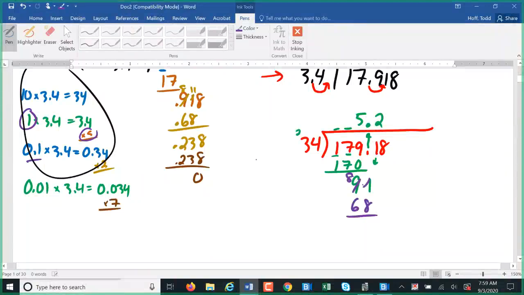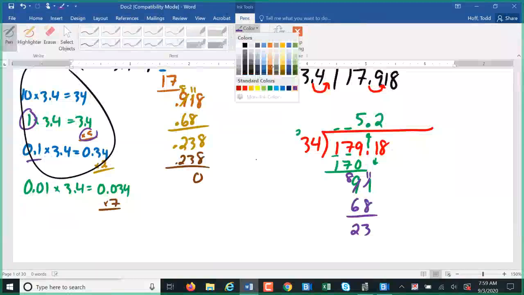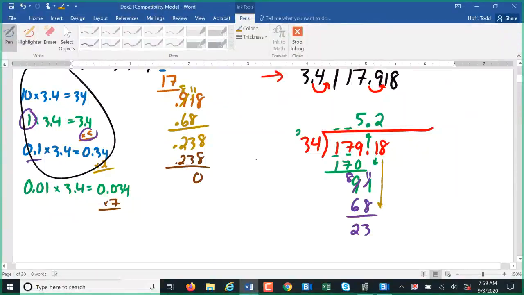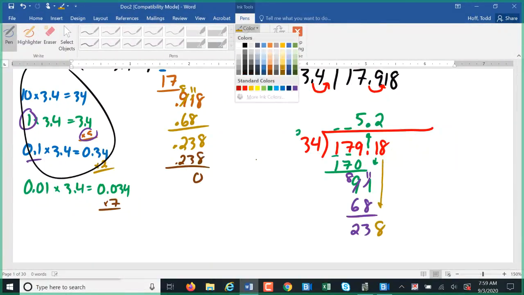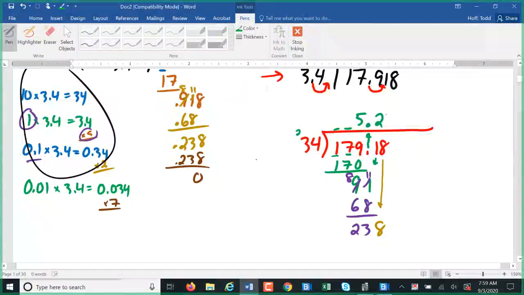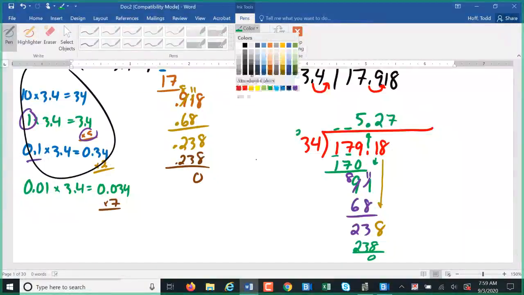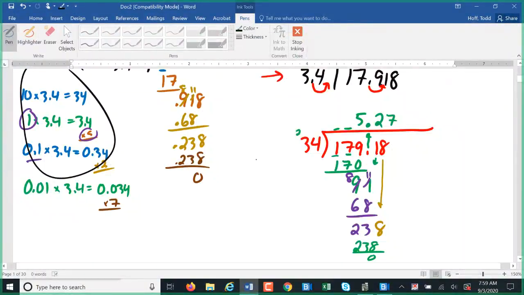We subtract, 23. And of course, now we can bring down that 8. 34 goes into 238 7 times. And that's it. We're all done. 5.27. Now, moving that decimal point to get rid of it in the divisor definitely shortens up that process.